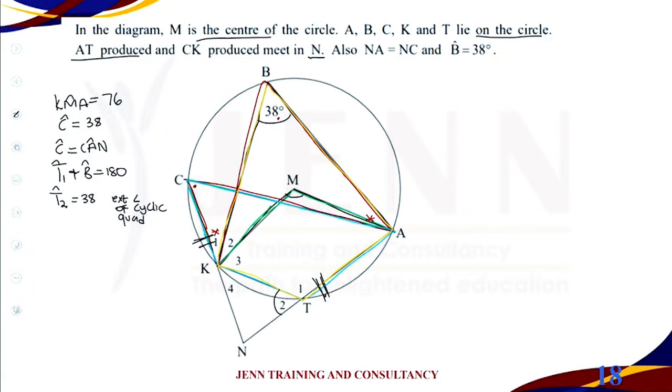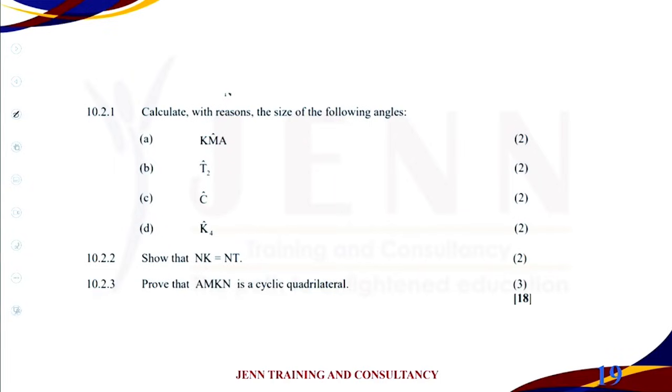Now we can definitely move to questions. The first question is that you are supposed to calculate the size of the following angles: angle KMA, and then the size of angle K2, the size of angle C, and then the size of angle K4.